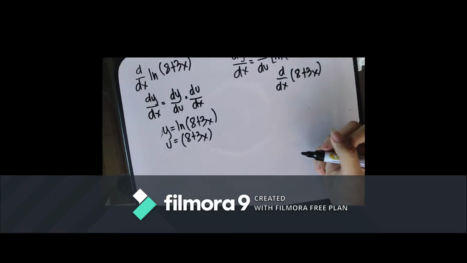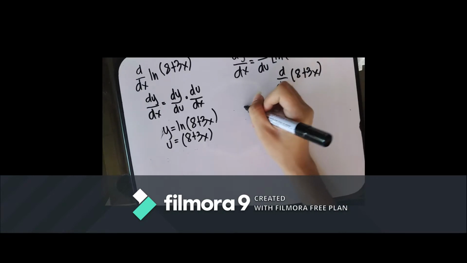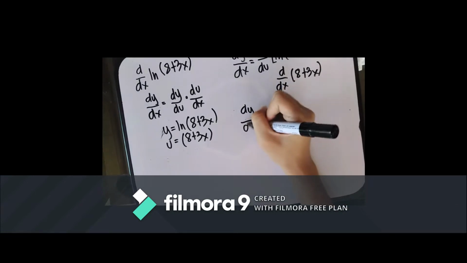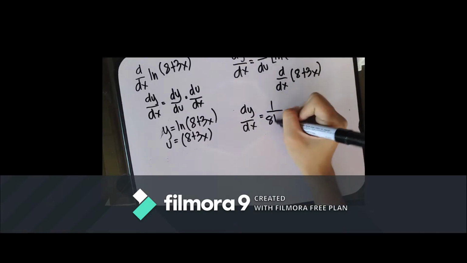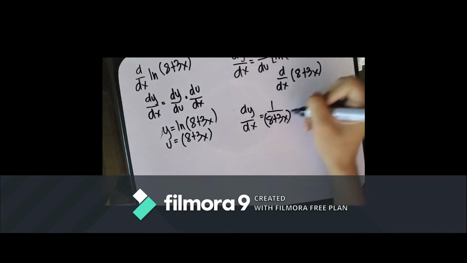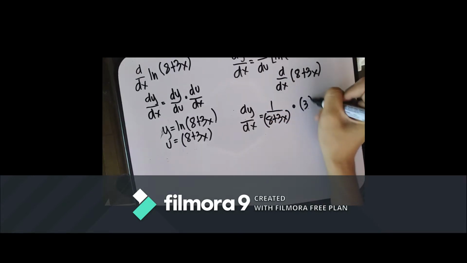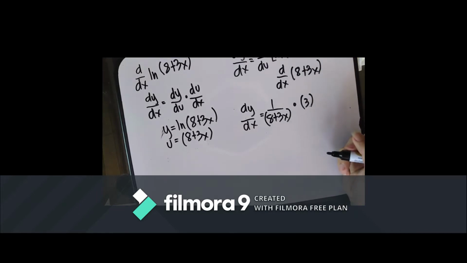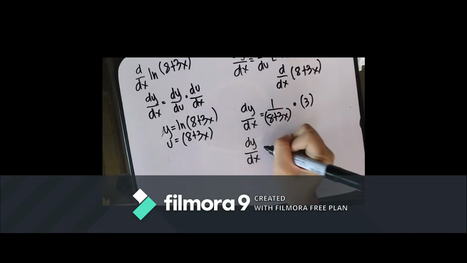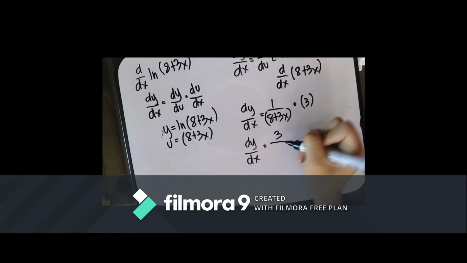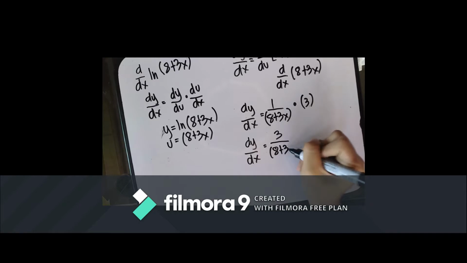Then the next step, we have to derive the y with respect to u and the u with respect to x. dy over dx equals 1 over 8 plus 3x times 3. After finding the derivatives, multiply the derivative of y by the derivative of u, then it comes up with the answer equals 3 over 8 plus 3x.